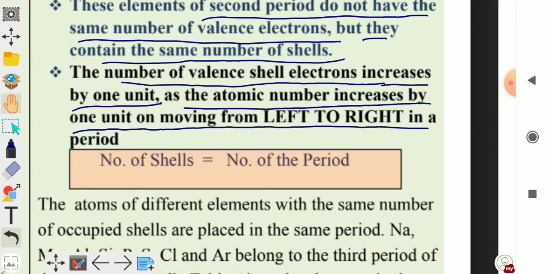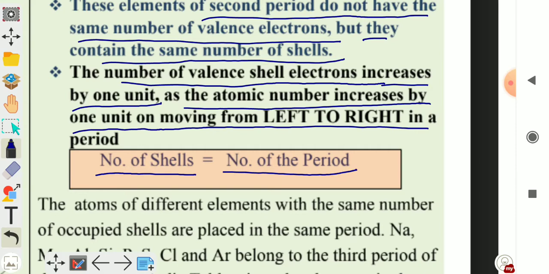The number of shells is equal to the number of the period. It means if an element contains 4 shells in its electronic configuration, it will be placed in the 4th period.